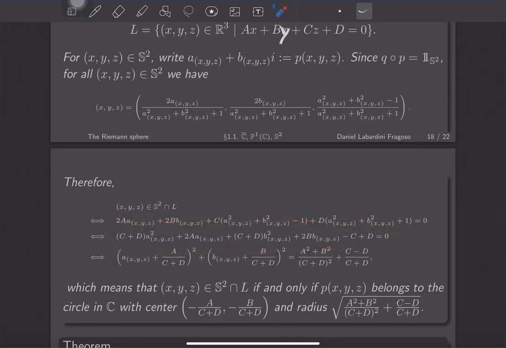This is actually kind of easy, I just simplify similar terms. So this is pretty much an equivalent equation to this one.